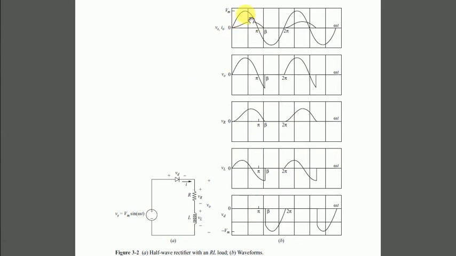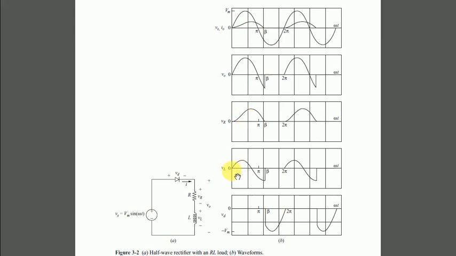This is the source voltage we can see over here, represented by Vs, and we can see that V0 is exactly following the source voltage up till this point beta. Vr, as I mentioned, will gradually rise from 0, as the current and the resistive part of the voltage will be in phase.